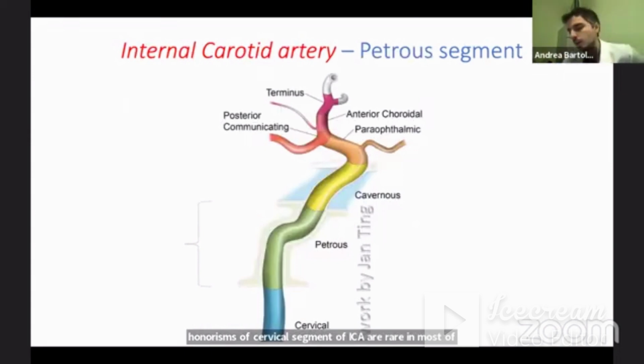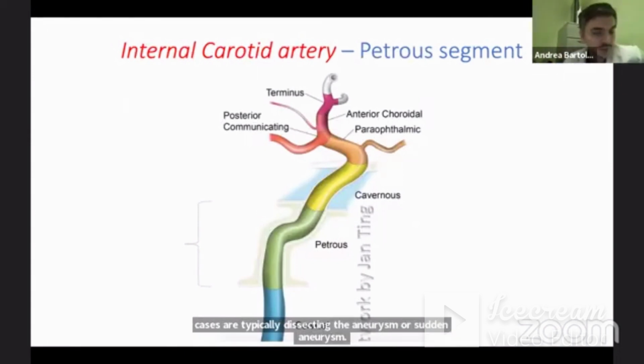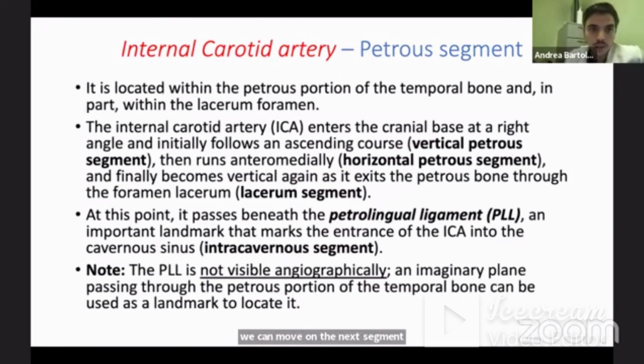We can move on to the next segment of ICA, the Petrous one. It's located within the Petrous portion of the temporal bone and in part within the lacerum foramen. The artery enters into the cranial base, and we can divide this Petrous segment into three segments: the vertical Petrous one, the horizontal Petrous one, and the lacerum one.